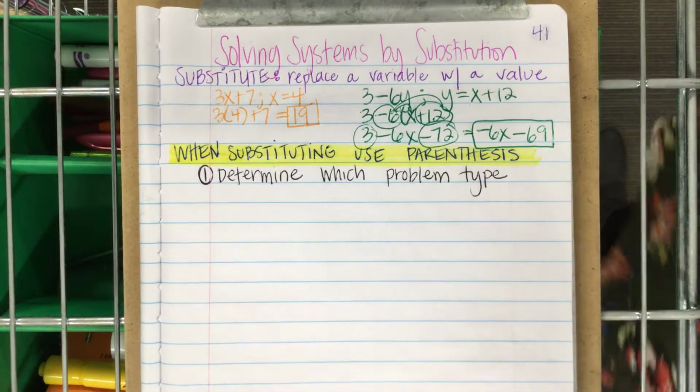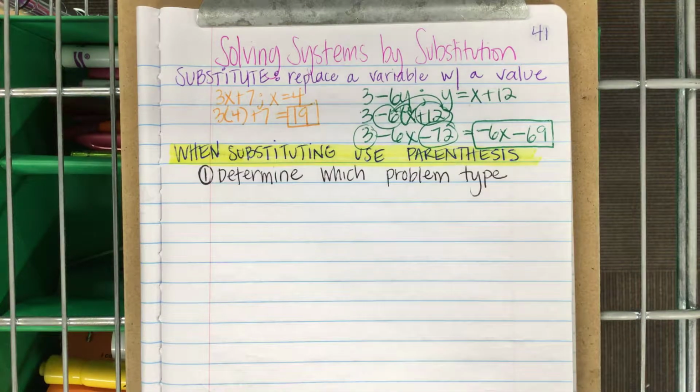You have to determine which problem type it is. There are 2. Step number 1 does not involve math. It involves looking and making a decision.